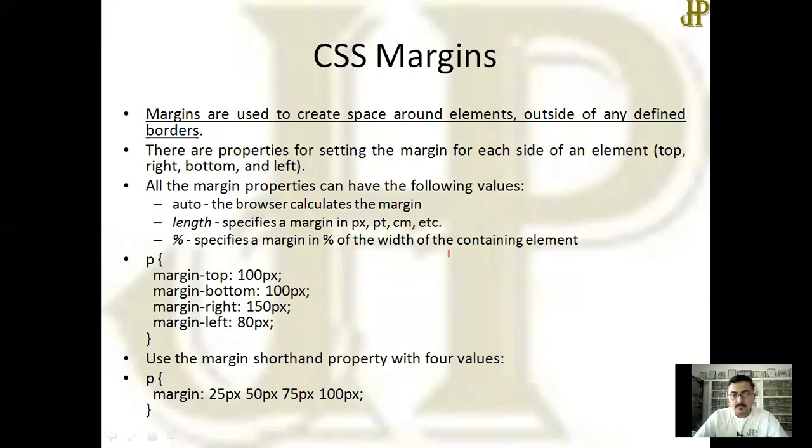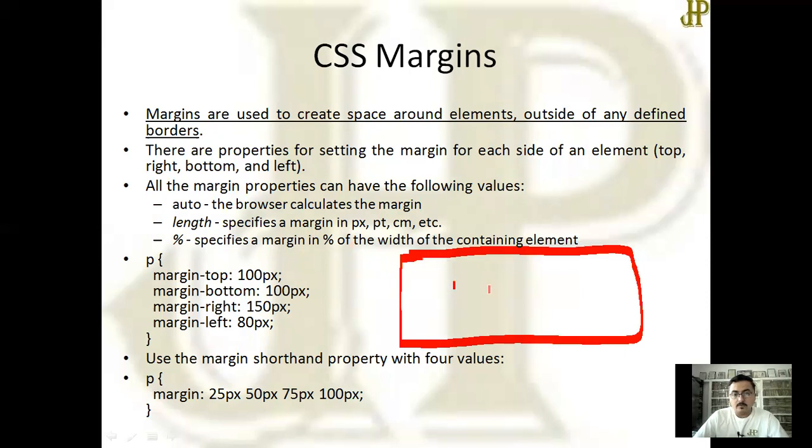Something like this: this is the border, and whatever the value you have given, from left, up, right, and down. That's why there are 4 values: from top, from bottom, from right, and from left, the distance you want to maintain.